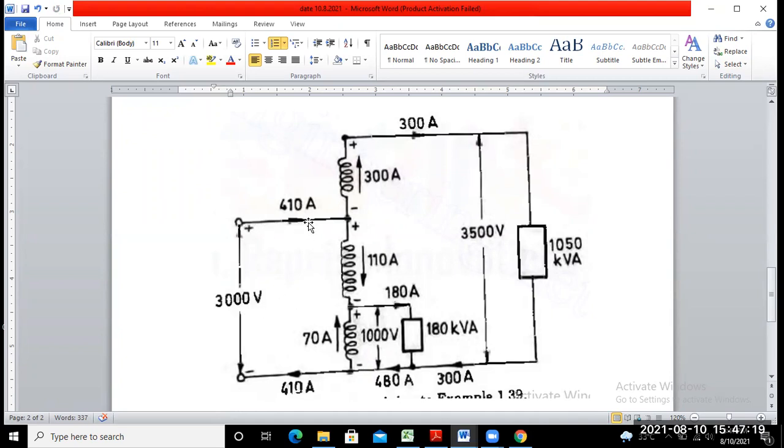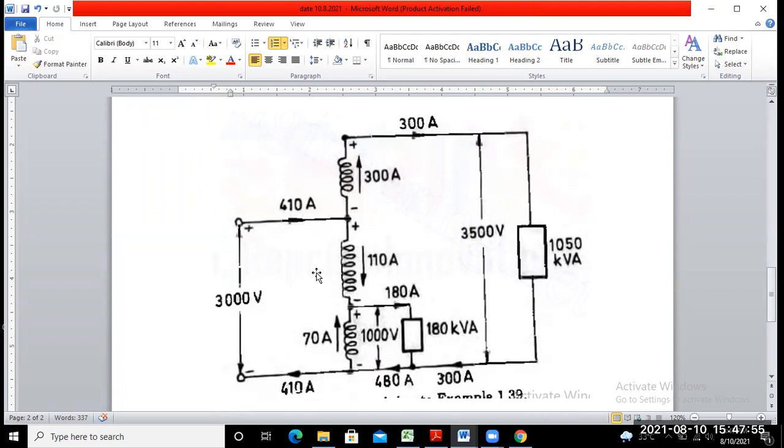So 410 ampere is the current taken from the supply. So at this point, 410 ampere current is coming in, and you know that 300 ampere is going along this side, so 110 ampere is going this side, is it not? So it is very simple. If you apply KCL at this point and this point, you will get the current in the different sections of the circuit. Okay, so just try to solve this problem step by step.